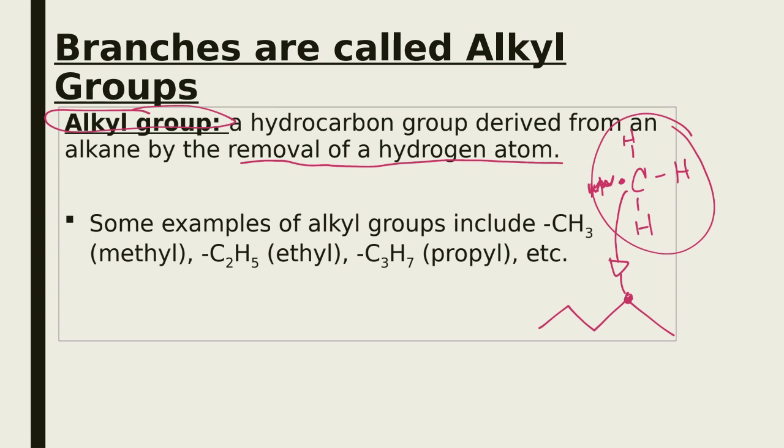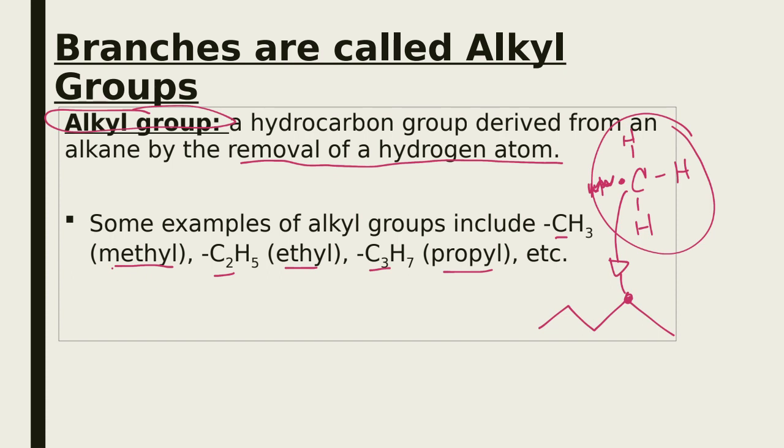So when you have these alkyl groups or these branches, you would name them based on the root word for the number of carbons. So if you had a 1 carbon branch, we would call it a methyl group. If you had 2 carbons that was attached as a branch, we would call it an ethyl group. 3 carbons would be propyl, 4 would be butyl, and so on.